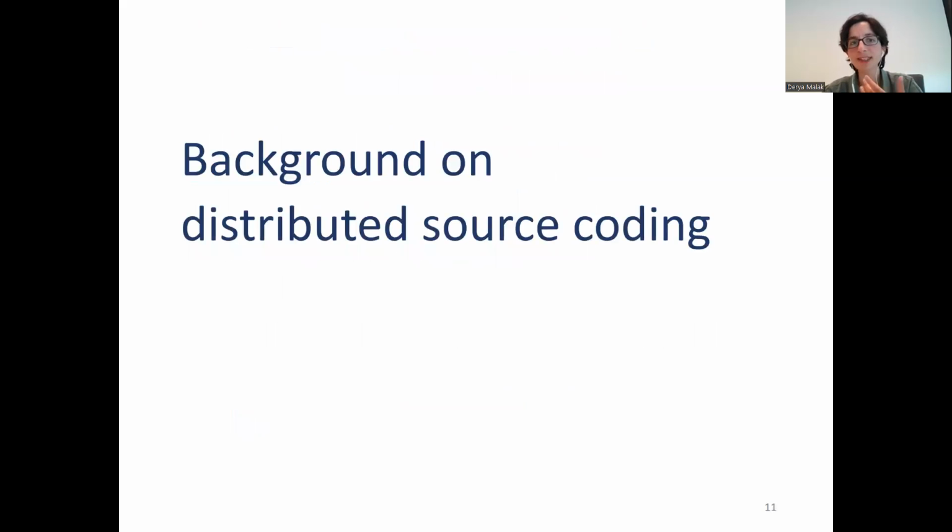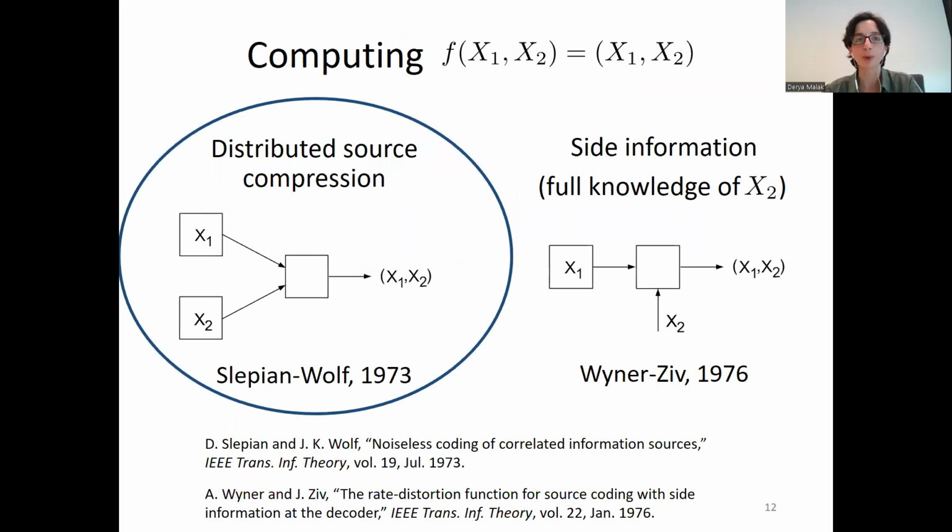So I need to give some background on distributed source coding to make you more familiar with the concepts. So computing the identity function is indeed the problem that was studied by Slepian and Wolf in their landmark paper. So here we have two distributed sources, X1 and X2, and the destination wants to recover them jointly and in a lossless manner and in an asymptotic manner.